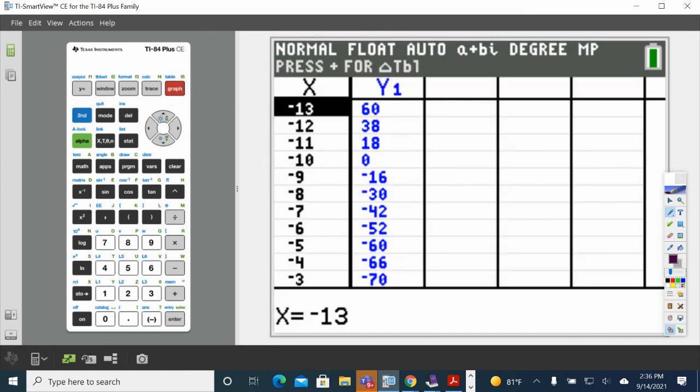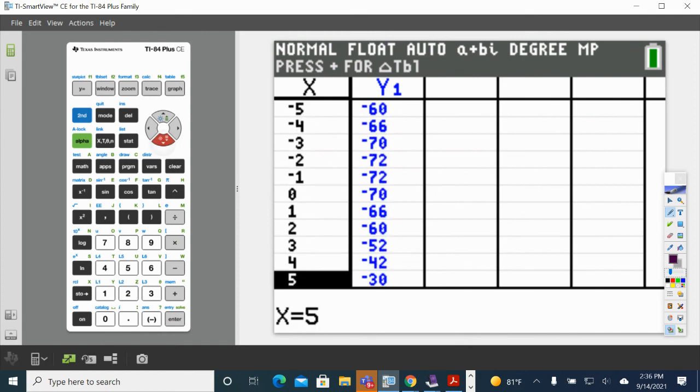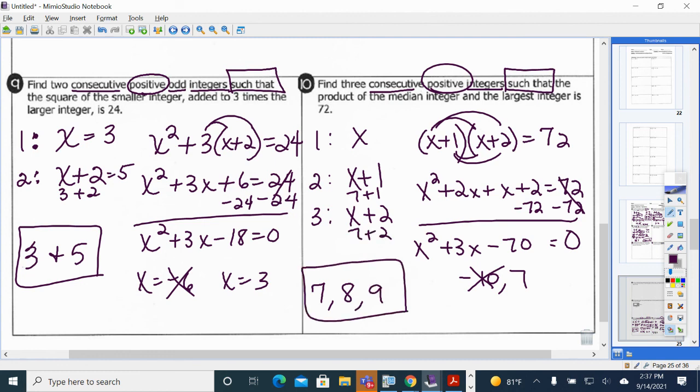So negative 10 is one of my answers, and the 7. But again, just like on all of the others, the negative 10 is not an answer because it specifically said we just want the positives. So the first number is 7. 7 plus 1 is 8. And 7 plus 2 is 9. So my 3 integers are 7, 8, and 9.